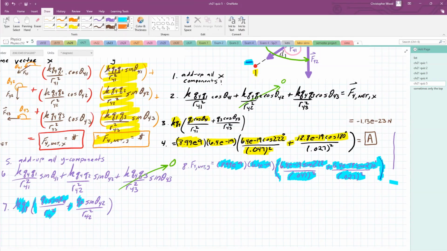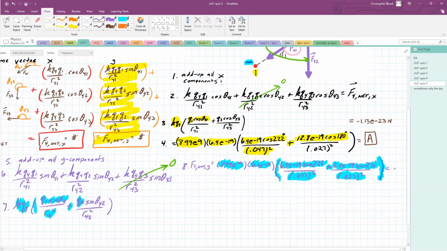All right, so let's get a number on this and put this in calculator memory location B. I have a number.